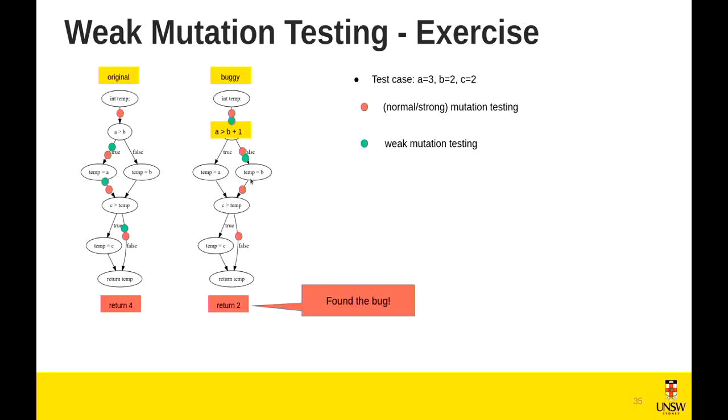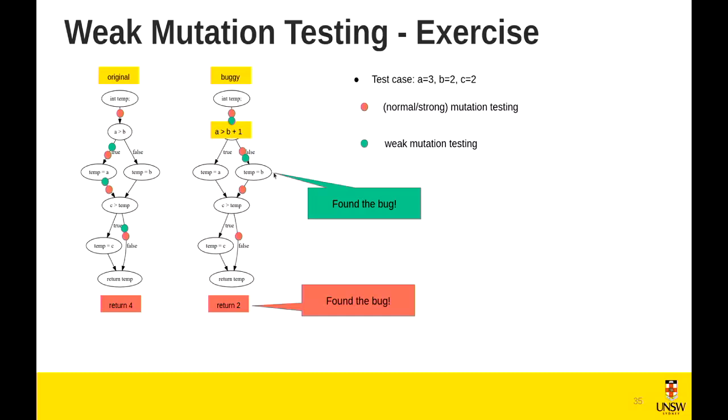We can also track the value of temp here, because in the execution of the original program, the value of temp when we reached the third basic block is 3. But in the buggy program, the internal state of temp is changed. The value of temp becomes 2. So we can capture the bug here.